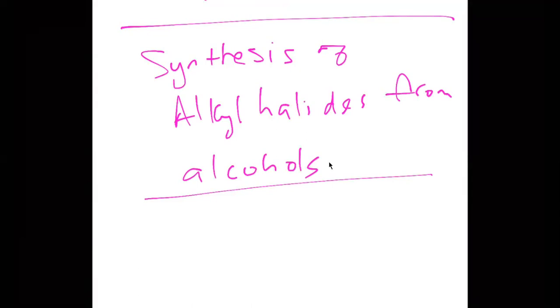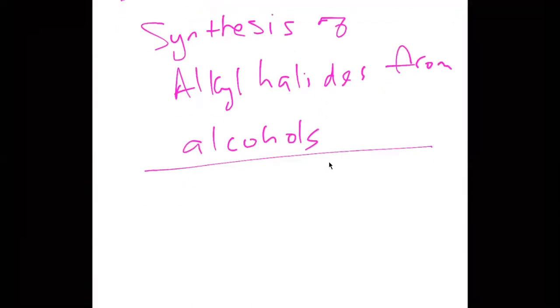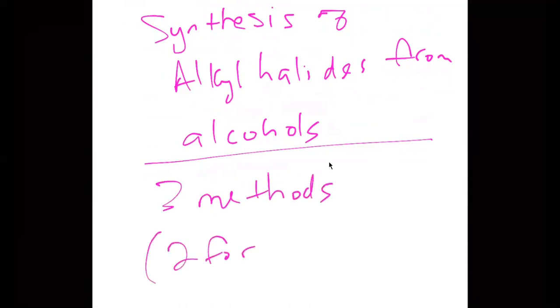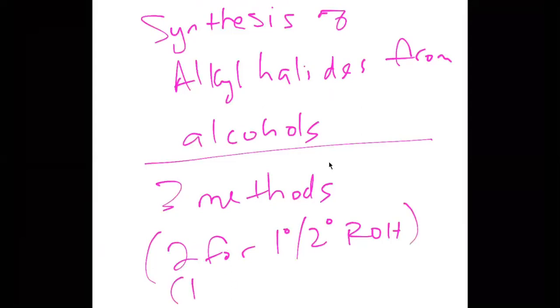So you basically have three methods. Two methods are specific for primary and secondary alcohols, and one method is specific for tertiary alcohols. We're going to do that one first because it's the easiest one to remember.